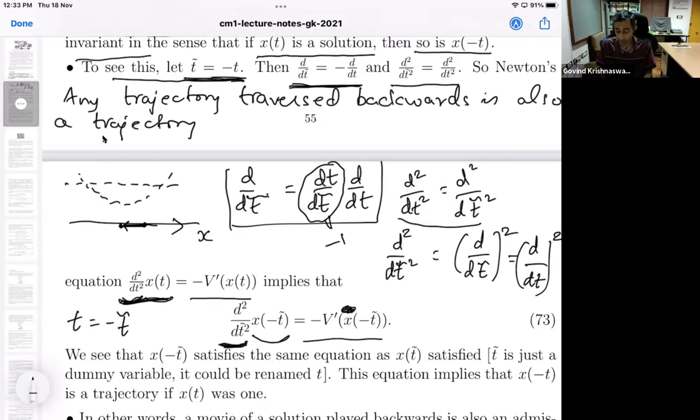Now let us interpret what this equation is saying. It is saying that x of minus t tilde, see the function here is x of minus t tilde, here too it is x of minus t tilde.